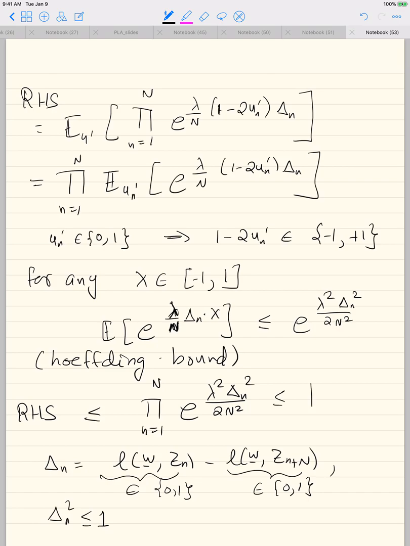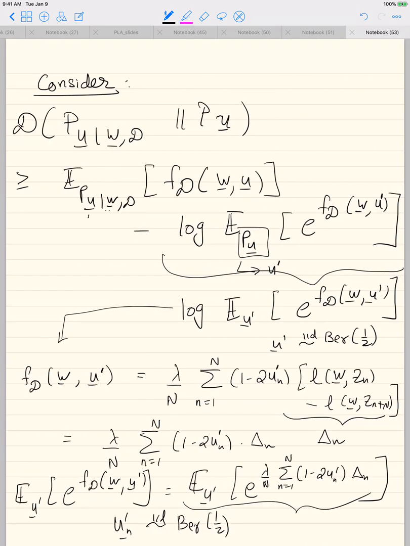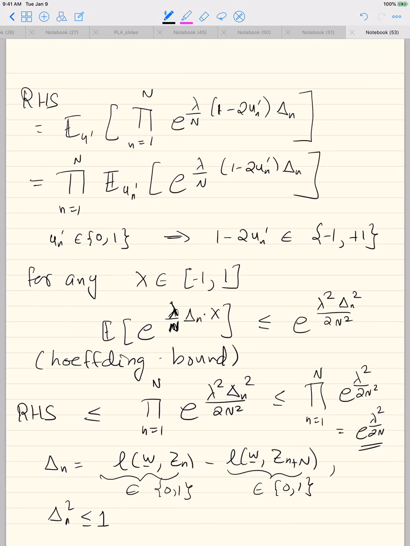So this is upper bounded by summation of n going from 1 to n e to the lambda square by 2n square, which is e to the lambda square by 2n. So the point of all this is that the second term here will simplify nicely. The second term is upper bounded by e to the lambda square over 2n.